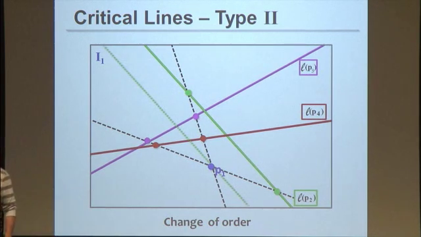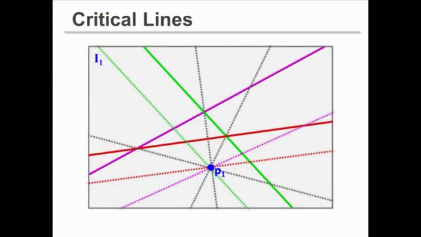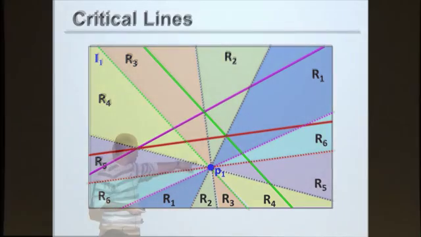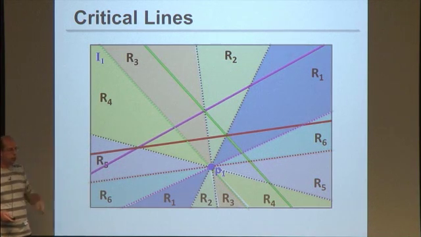We don't have the static image per assumption, and therefore increased dramatically the number of possible permutations that a single dynamic feature can induce. In fact, if you look at the image plane, it's now divided by all those critical lines into regions. And it's pretty obvious that within each region you have just one order, well, actually two up to the direction of the points, which infers the order of the images.